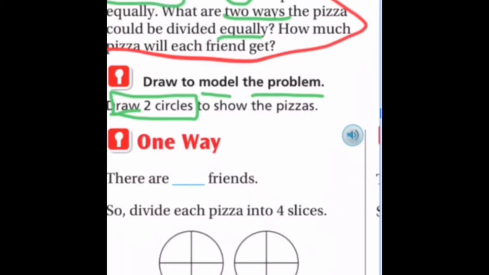Looking back up here, there are 4 friends. So one way is to divide each pizza into 4 slices. Remember, we had a total of 2 small pizzas. So that's why we have 1 pizza, 2 pizzas. We have 4 friends, so each pizza has 4 big slices, okay?